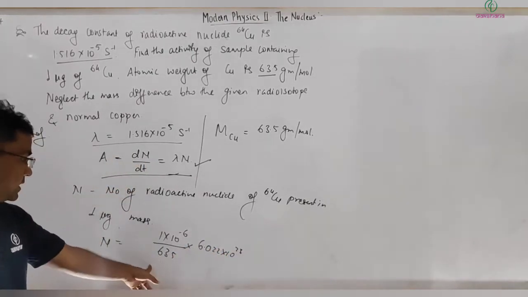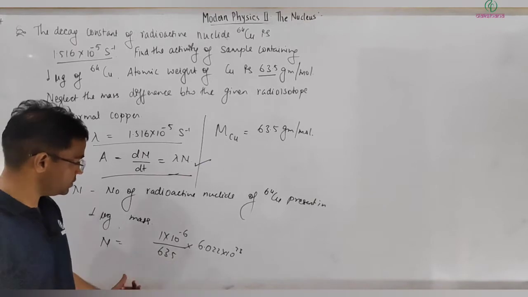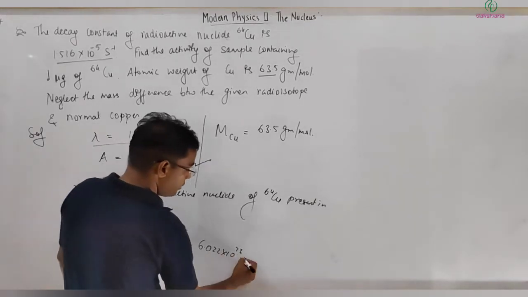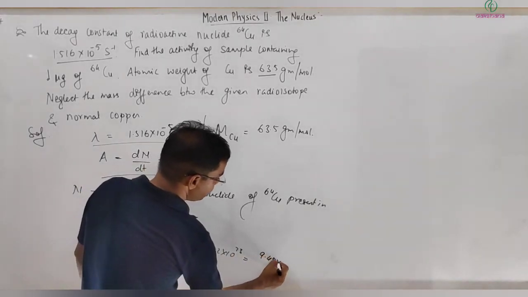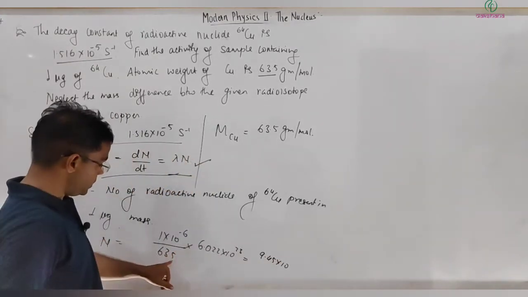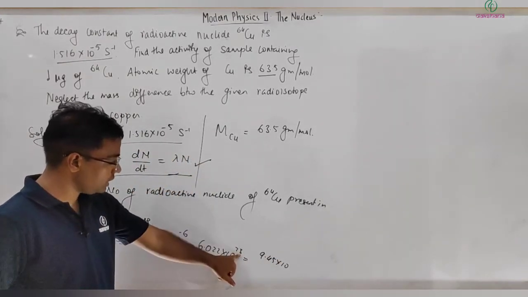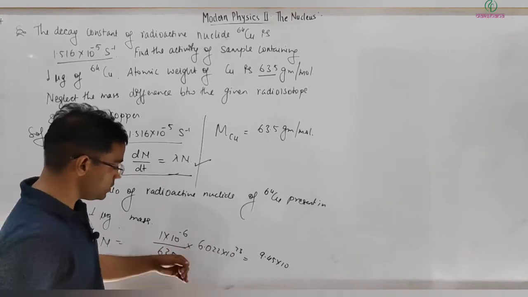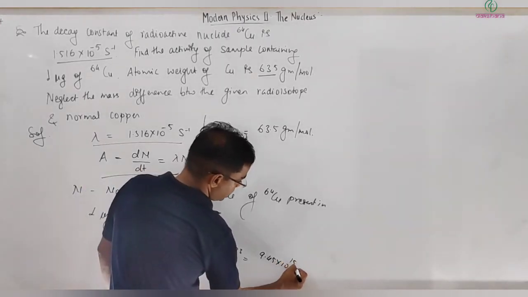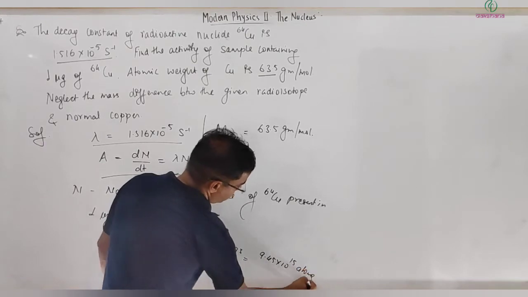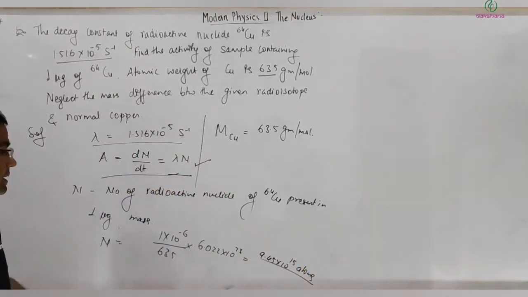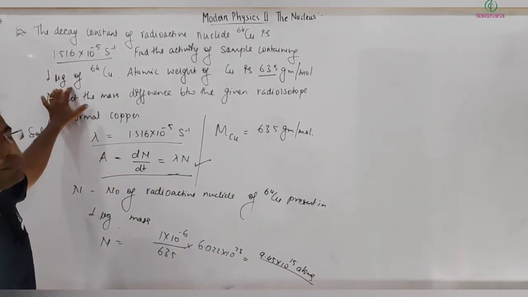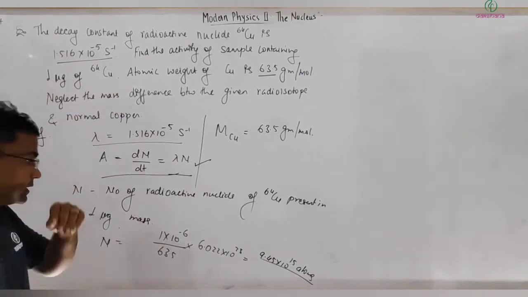You can simplify it, and it comes out to around 9.45 into 10 to the power 15 atoms. So we got the number of radioactive nuclei present in this much amount of copper 64 sample.